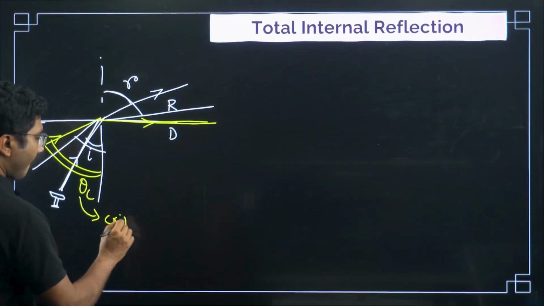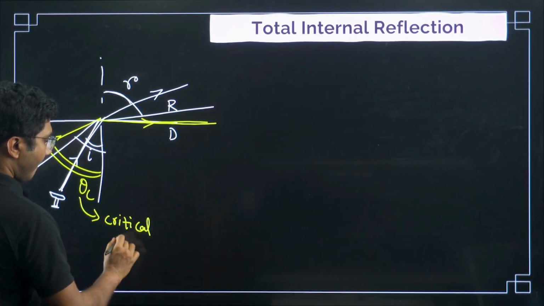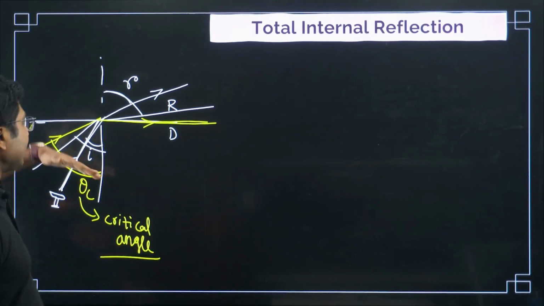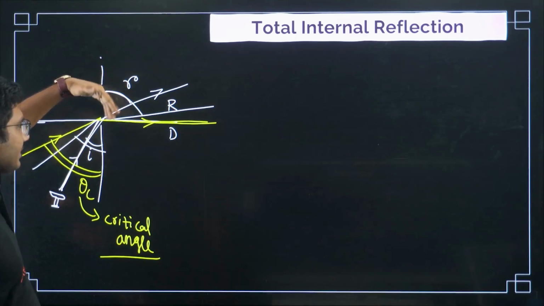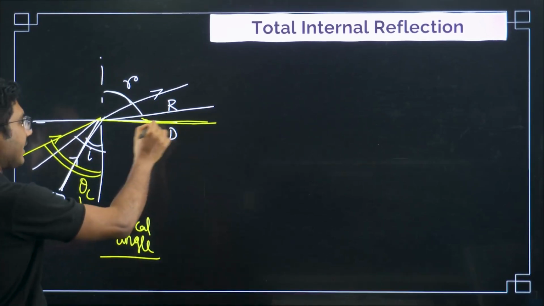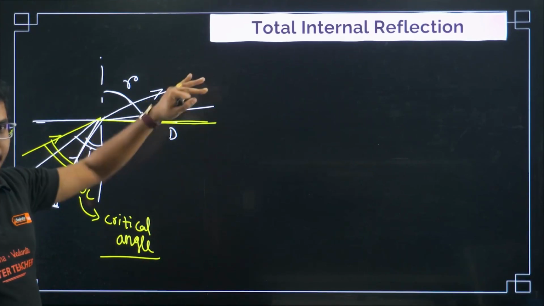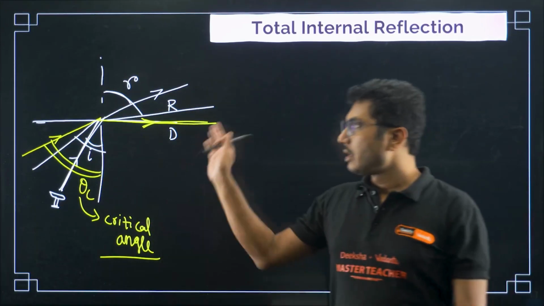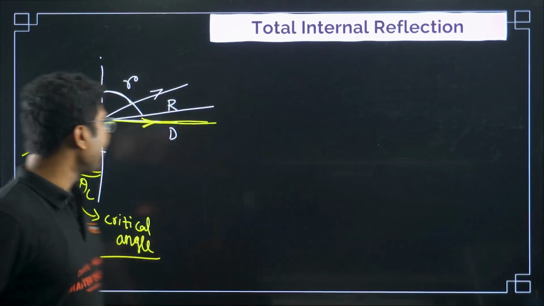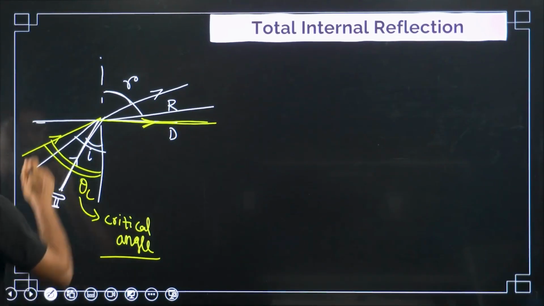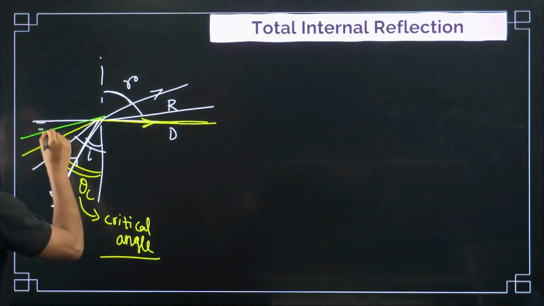This is a very natural thing. So if you are increasing the angle of incidence, the angle of refraction keeps on increasing until at some angle of incidence the light ray no longer goes to the first medium, it travels through the medium which is separating these two media. Now what will happen if you increase the angle even further?